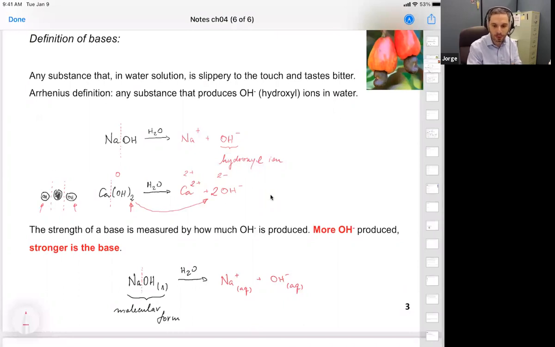And then when we have Na plus and OH minus in water, that here is called ionic form. That's why we have the molecular equation and the ionic equations. They represent the same thing in a slightly different way.